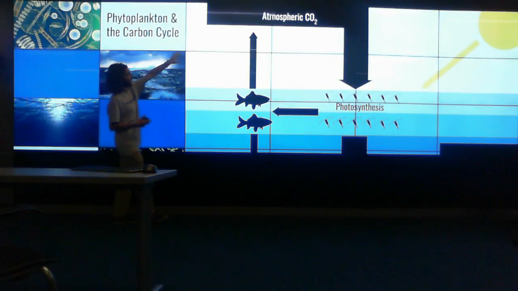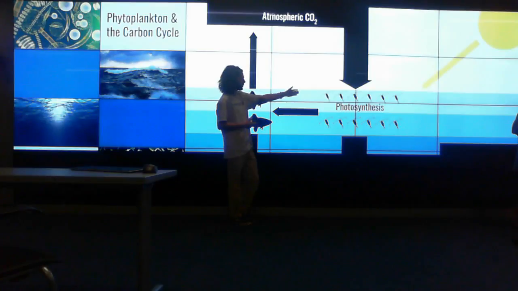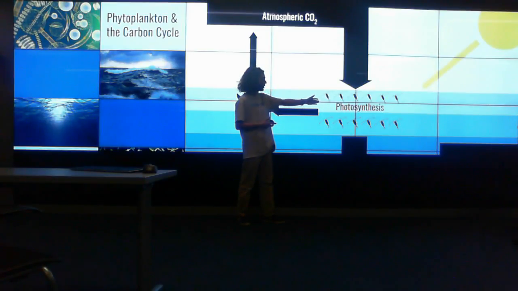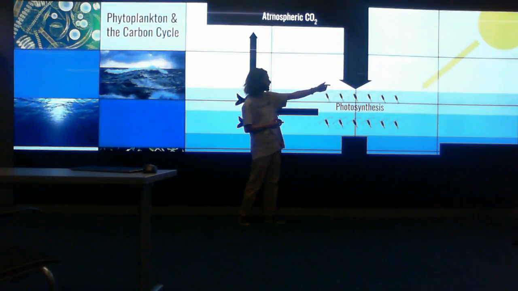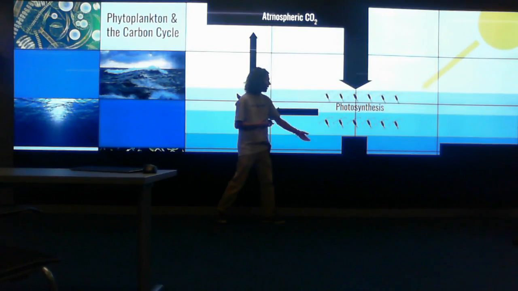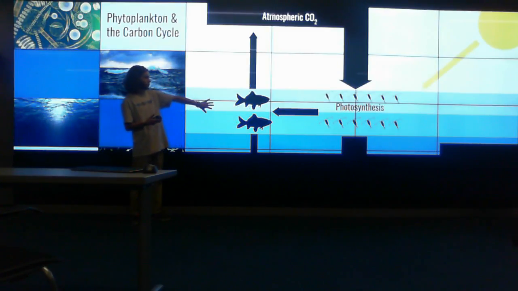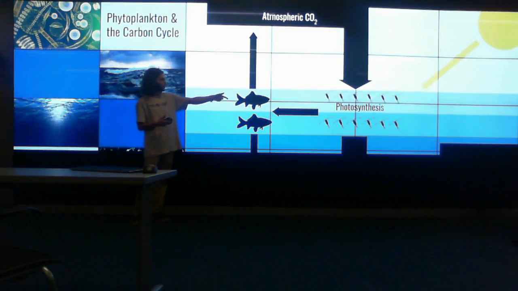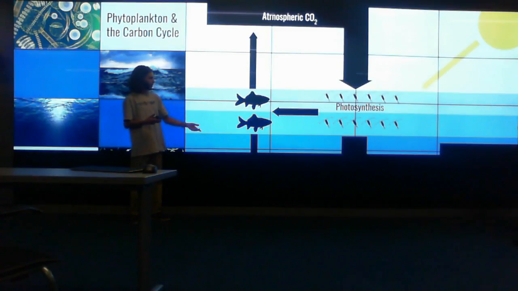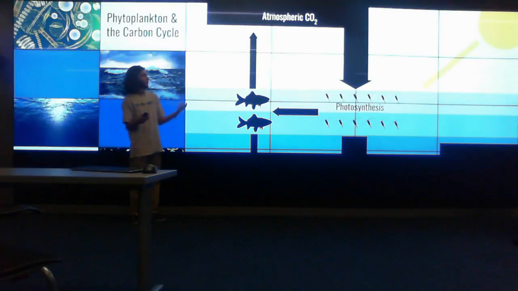So up here we have atmospheric CO2, and that enters the ocean system during photosynthesis when the phytoplankton are taking in CO2 and sunlight, and then when they die, that CO2 remains in the ocean, but also there's consumers that eat the phytoplankton and respirate carbon dioxide, as well as dying and sinking to the bottom of the ocean or low into the ocean where the carbon remains.